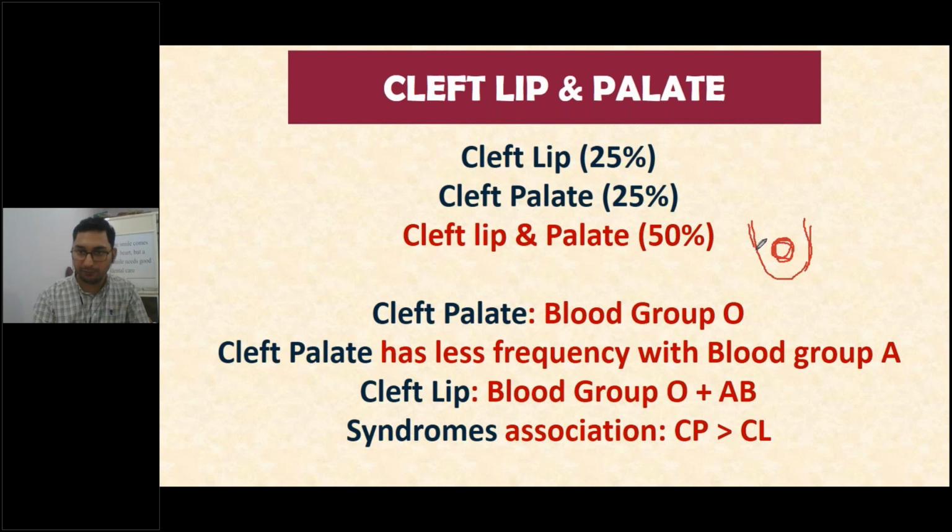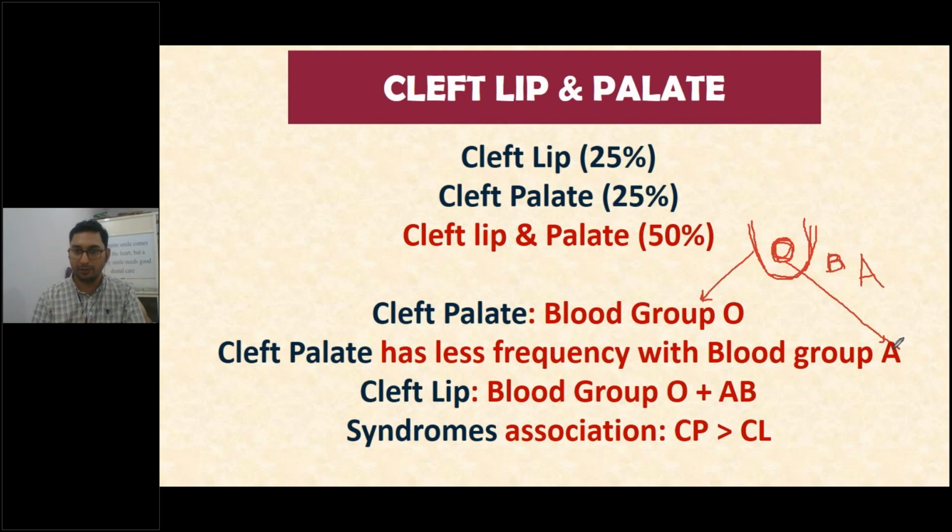But if you have a palate here, this palate will have a cleft in the shape of O, so it will be more common in patients of blood group O. Cleft palate has less frequency with A because this shape does not match with A. B also has two round things, but A is all straight. So cleft palate has the least frequency in patients with blood group A.